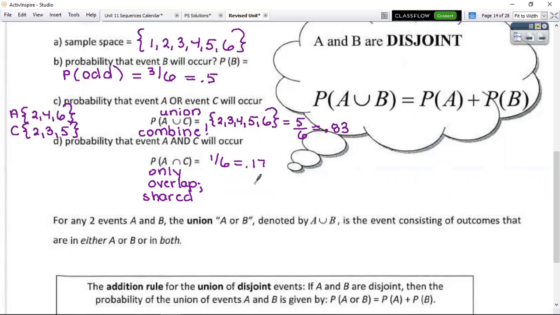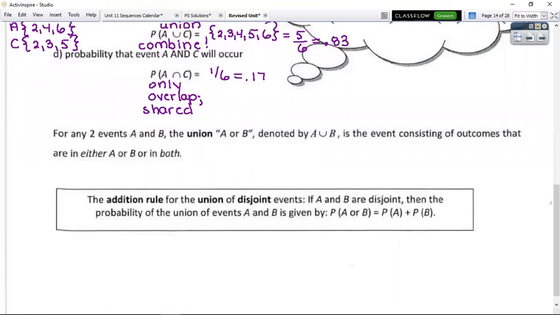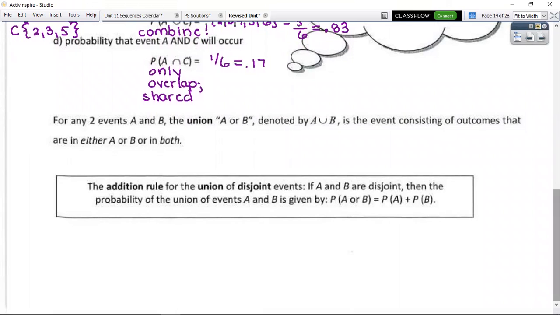Okay. So what we're going to do today is we're going to start working with some formal probability rules. So you have down here your addition rule, and this is if they're disjoint, so they have nothing in common. So the probability of A or B, and I want you to write this out with proper notation, please.